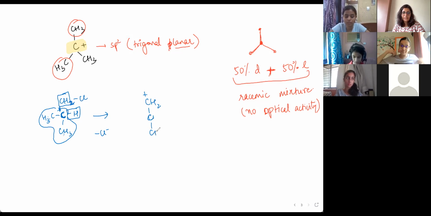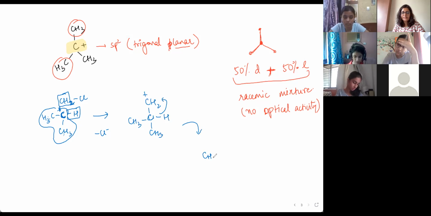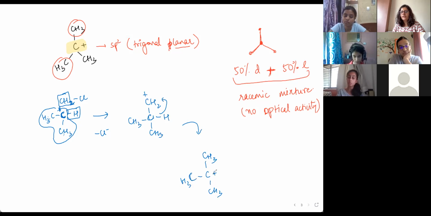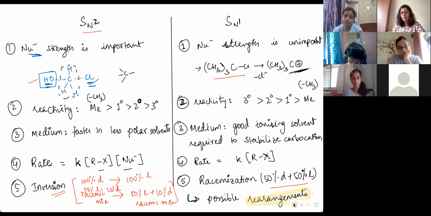You have C, CH3, CH3, H. Now, this can simply migrate here and rearrange itself as CH3, C plus, CH3, CH3. So your final product, you might end up getting a tertiary alcohol after the nucleophile attaches itself. This is just one example of possible rearrangements.